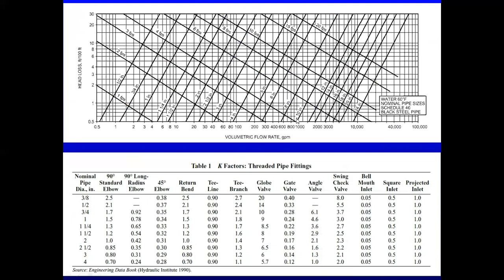But let's say we're looking at 1,000 GPM. The biggest pipe, a 10-inch pipe, would have almost no pressure loss, 0.5 foot per 100 feet of pipe. If we go up, we're going to hit the 8-inch pipe, and it's going to have a little over 1.5.